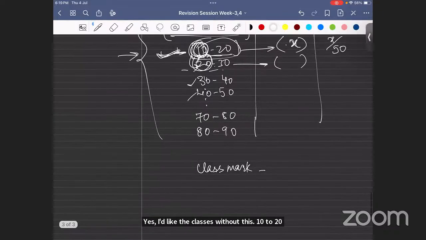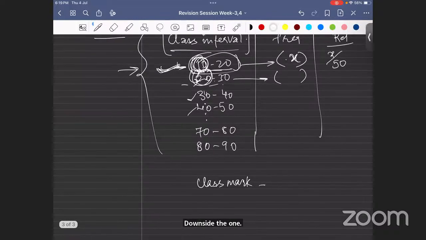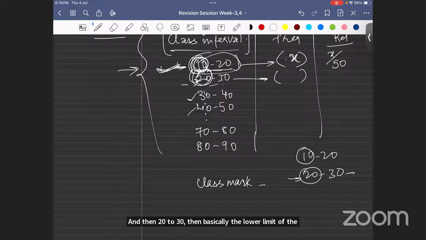Yeah, yeah. So we don't need to do like the top one and the second downside one. That's the definition. Whenever you're calculating the class width, if your interval is like 10 to 20, and then 20 to 30, then basically you take the lower limit of the first one and the lower limit for the next class interval.